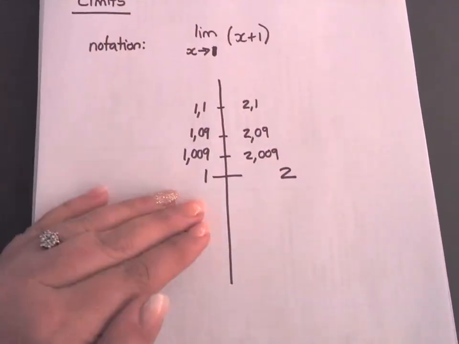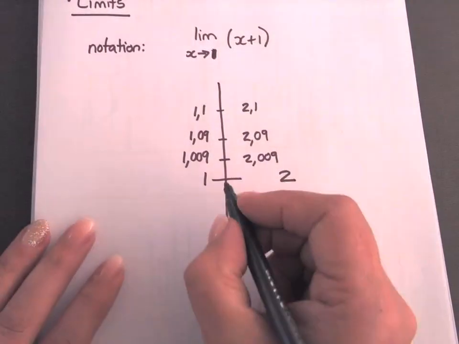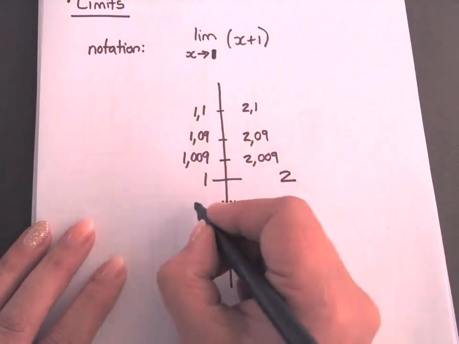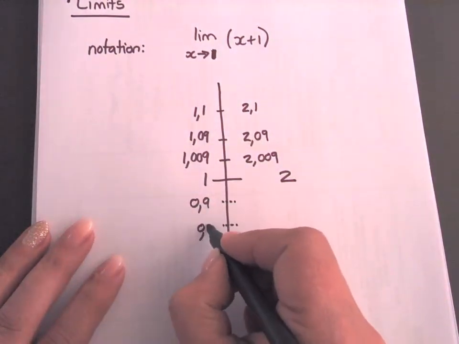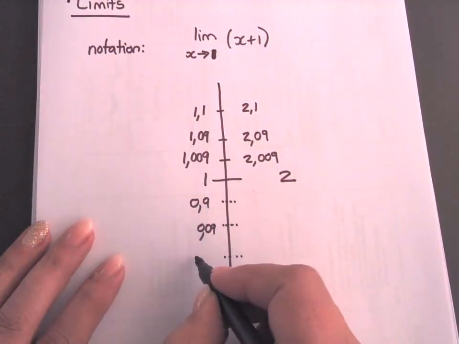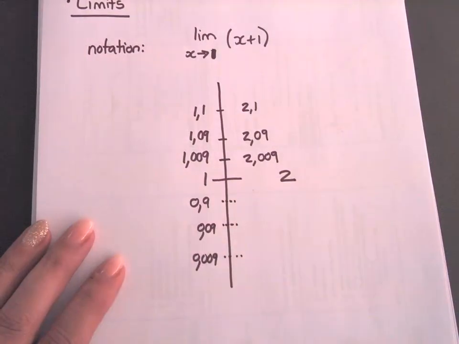Let's look at values less than 1. Just below 1 you get 0,9, and then further down 0,99, and further down 0,999.